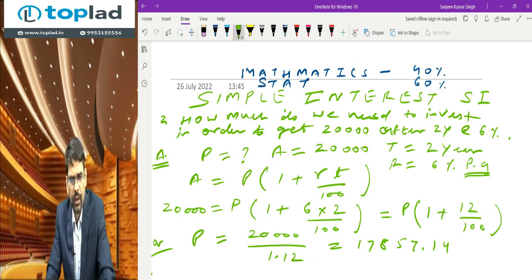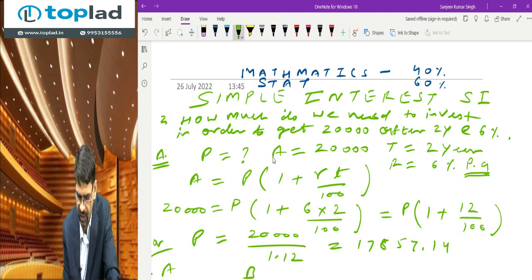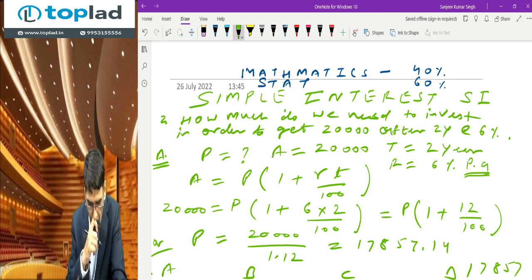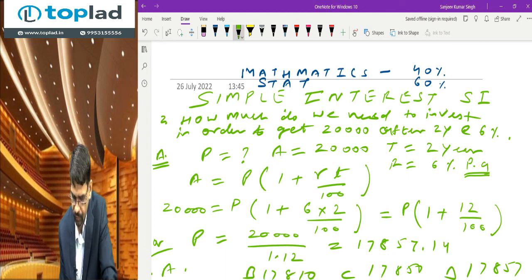You know, friends, this is the answer, and in the examination hall you have 4 options like A, B, C, D: 17,857, 17,850, 17,810, 17,800.